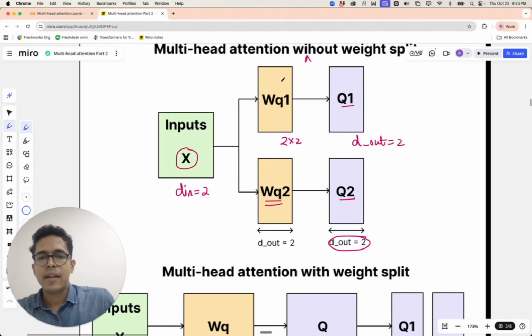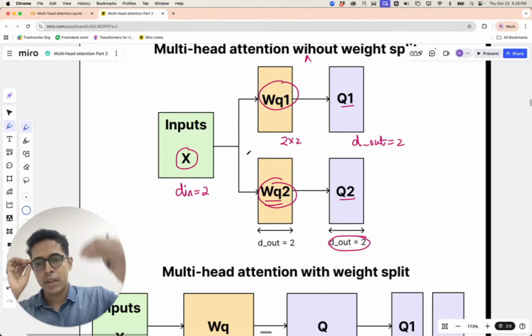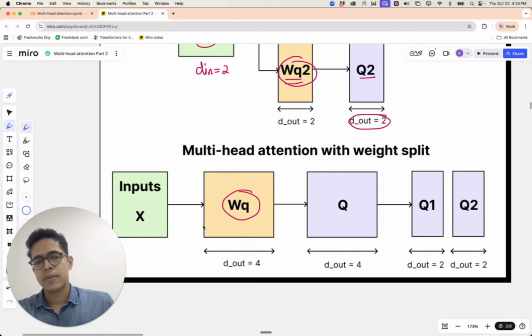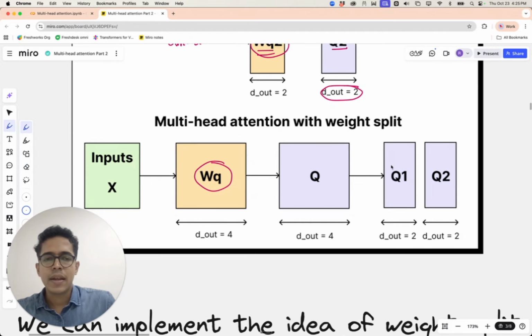But instead of having these two weight matrices for query, because here we are saying there are two attention heads. If we had 96 attention heads, we would have gone from WQ1 all the way till WQ96. But instead of that, let's say we just have one weight matrix for query and one for key and one for value. But the dimensionality of this is such that whatever is the final dimensionality in our actual query space, let's say it is 2.